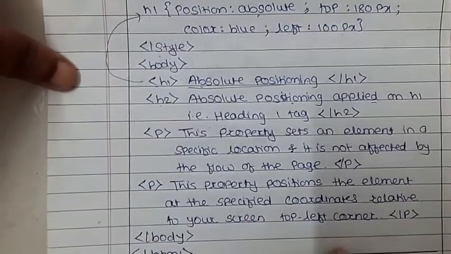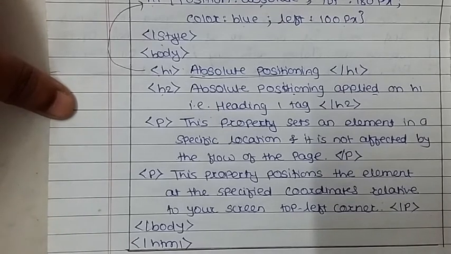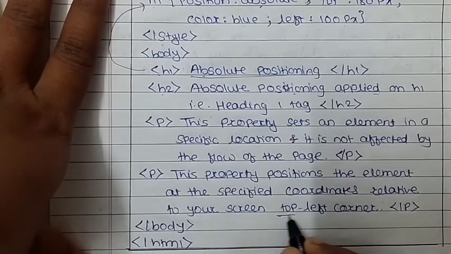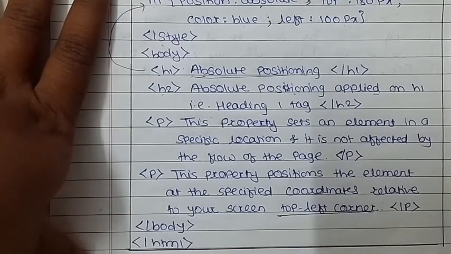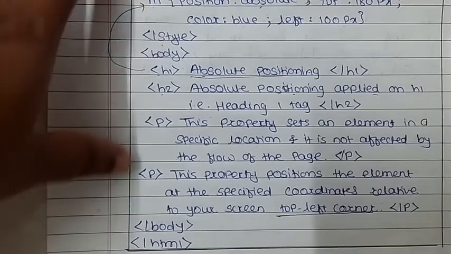Next, this property positions the element at the specified coordinates relative to your screen's top left corner. This is a very important point: by default, the top left corner is used. Clear? So these are the basic concepts.